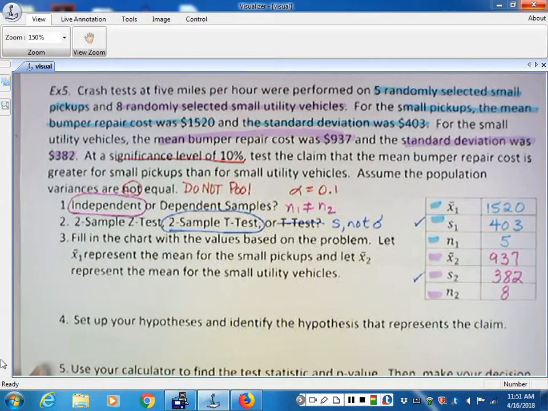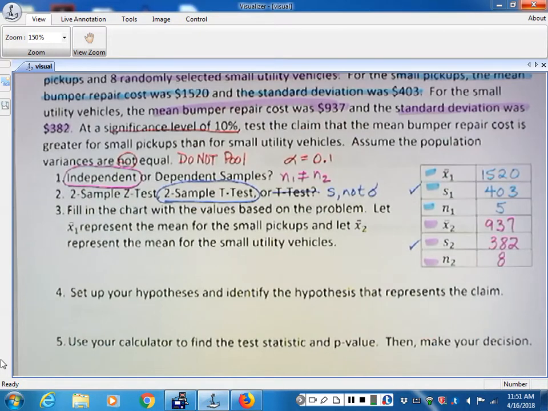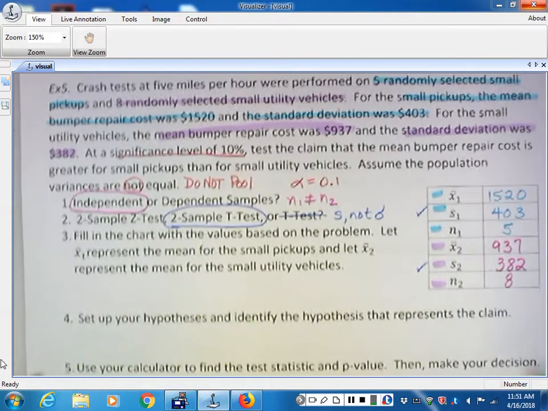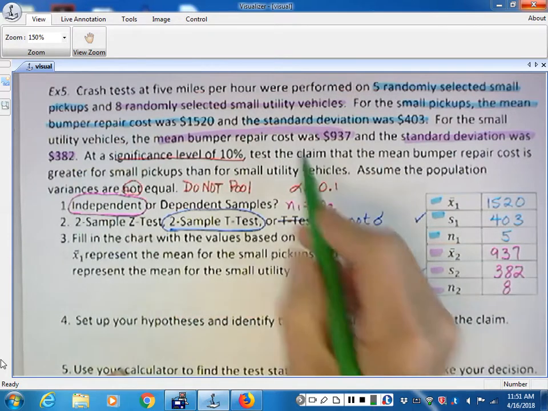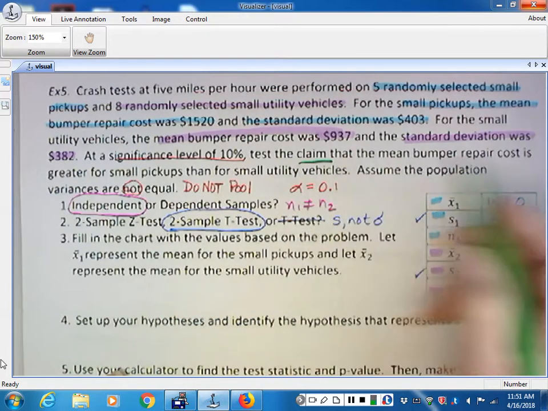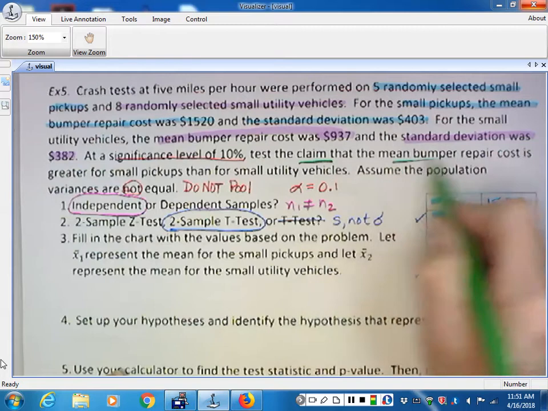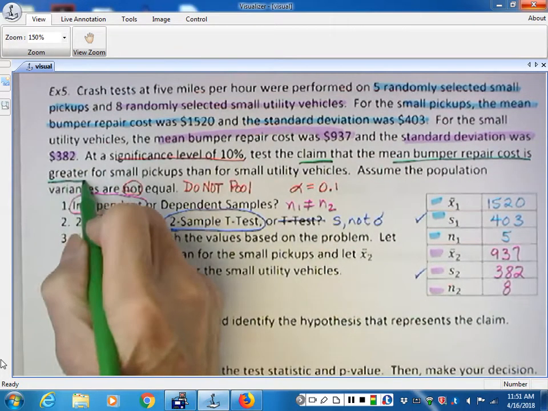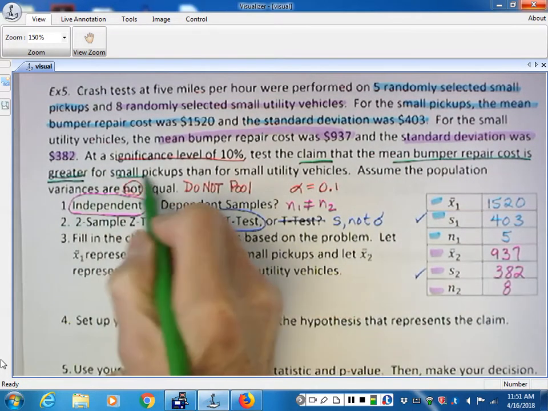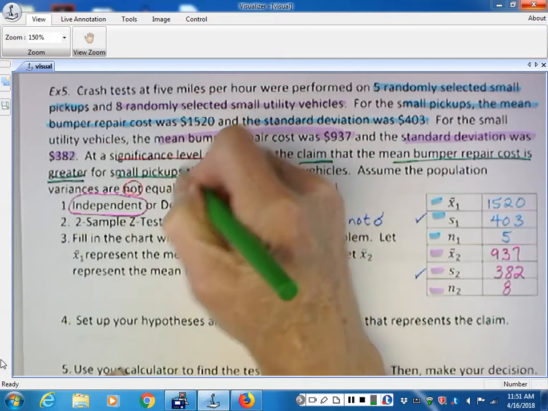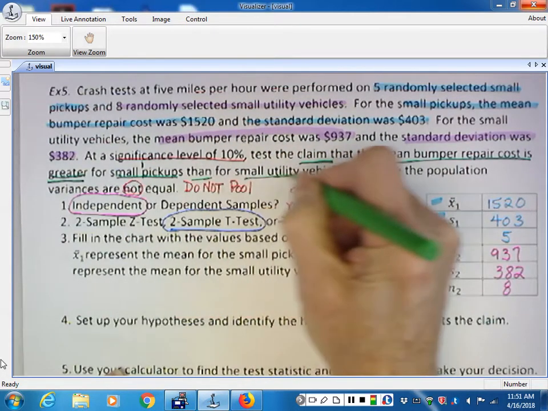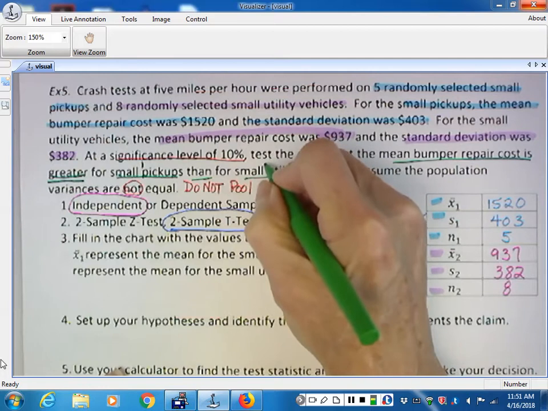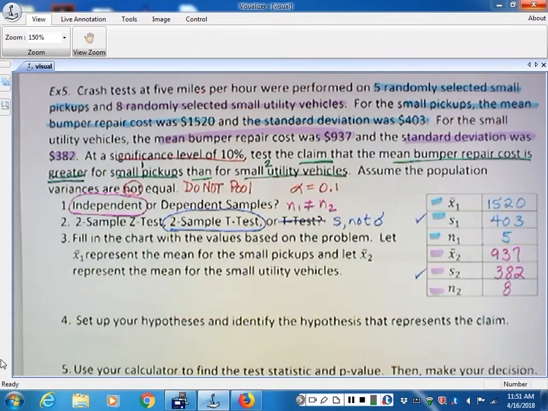And step 3 says set up the hypothesis. So now it's time to look at the claim. Test the claim that the mean bumper repair cost is greater for the small pickups, that's group 1, than for the small utility vehicles, that's group 2.